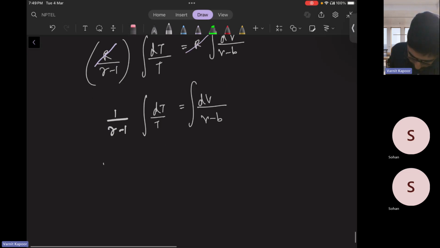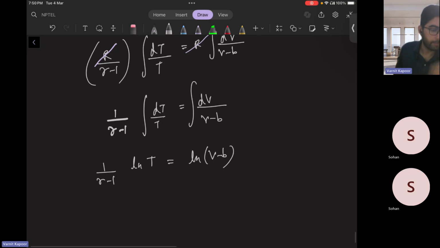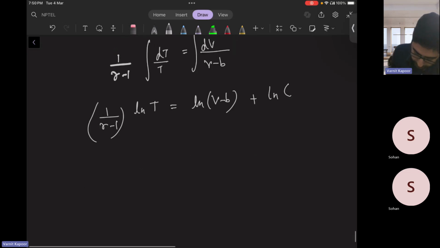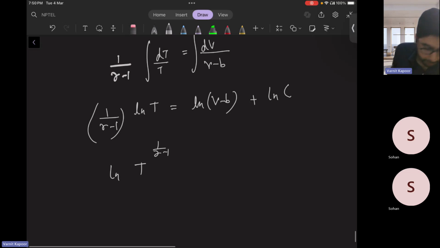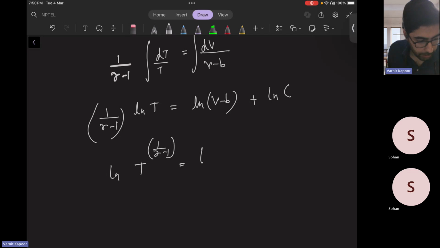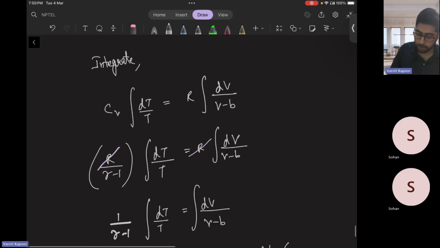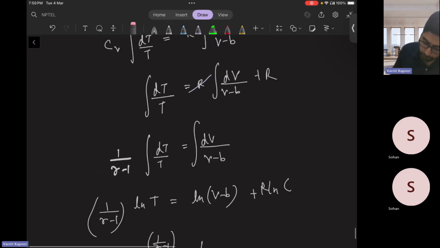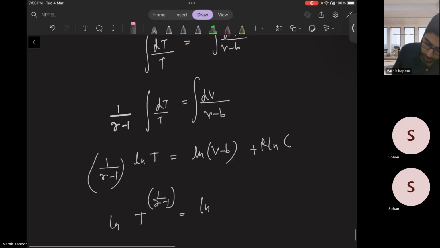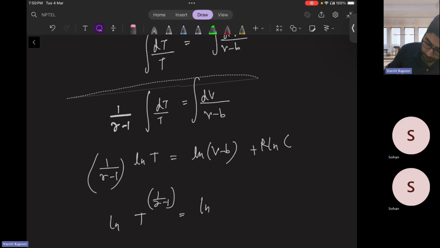Now you can integrate. So this can be written as 1 by gamma minus 1 ln of T, and this as ln of (V minus b), plus some constant will also come in integration, ln of C. Instead of expanding it here, to avoid confusion, let's remove this.